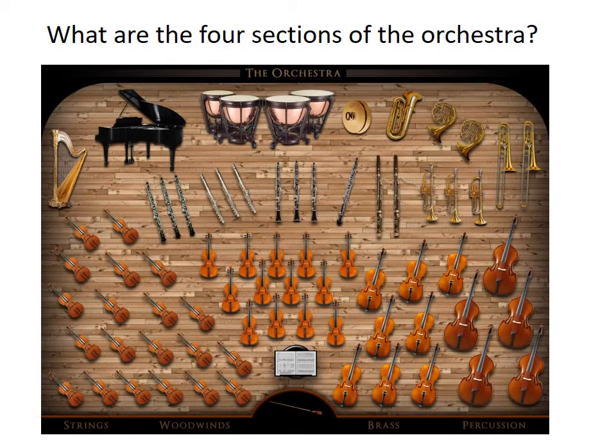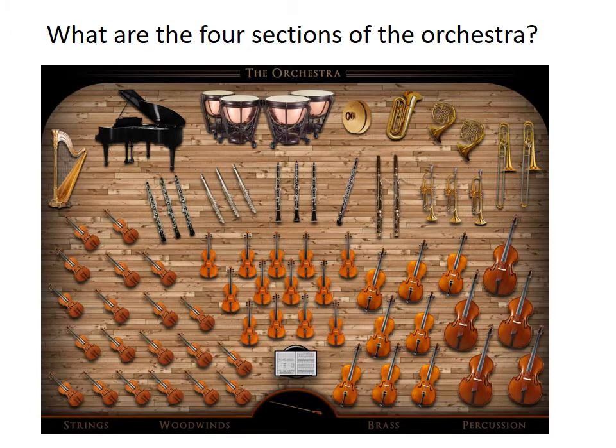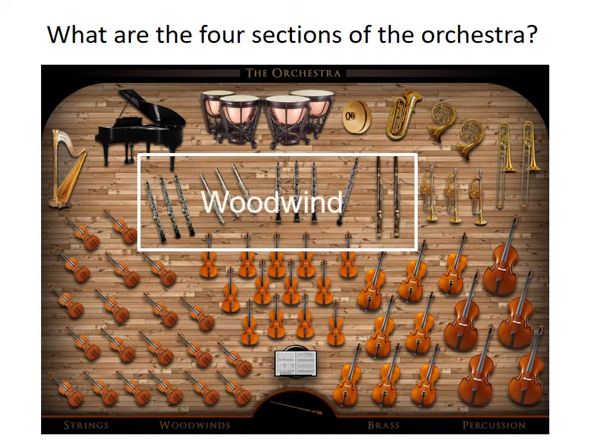The orchestra is made up of different sections, and today we're going to talk about these different sections. Let's look at them briefly now in the layout that you would see them on a stage. At the bottom, close to the edge of the stage and to the conductor, we have the strings section. We have the woodwind section.